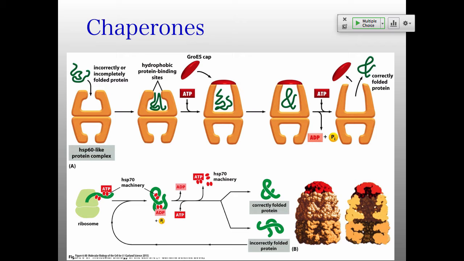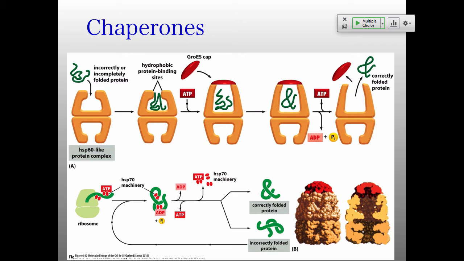What seems to happen with these HSP60s is you have a not completely folded protein that comes into this cage of infinite dilution, which is the terminology that some people have used. But basically, I like to think of it as you put it in your shaker, you put the top on, you shake it around a little bit, and hope that the right interactions form. And that shaking process also has ATP hydrolysis.